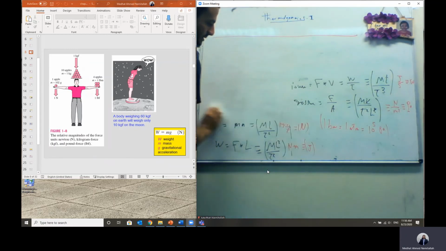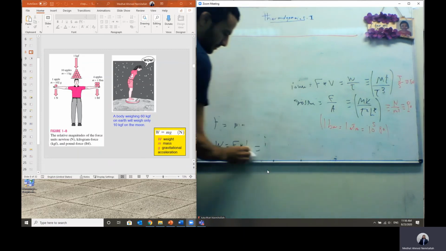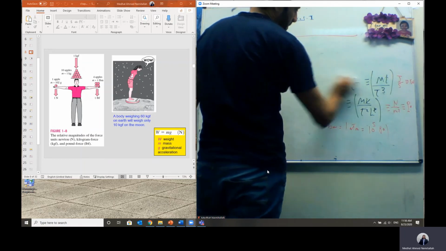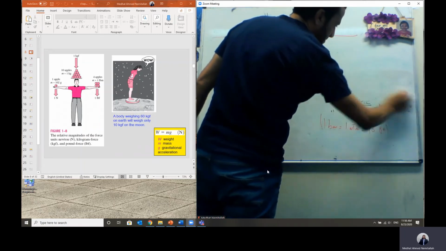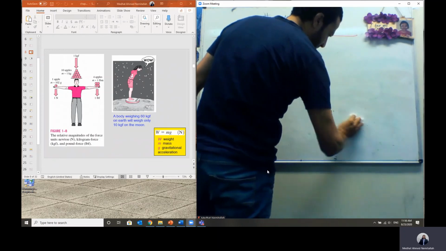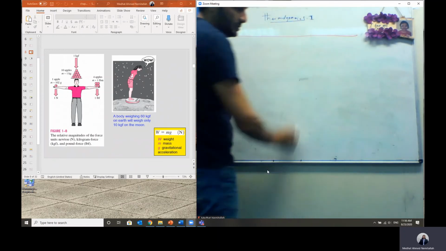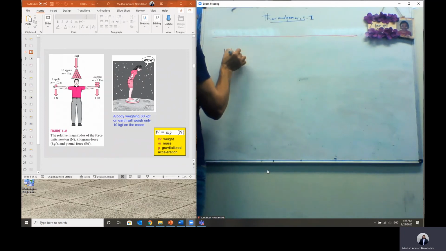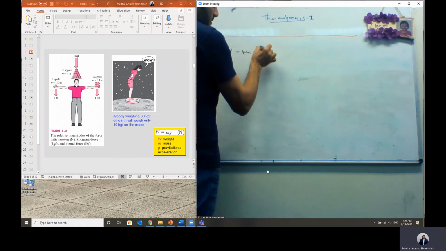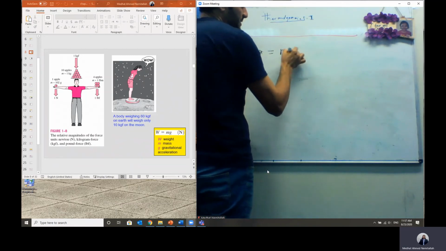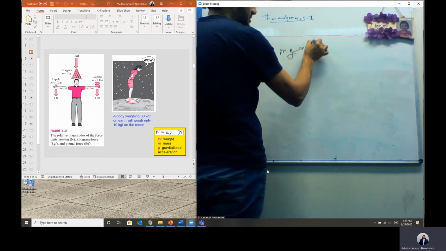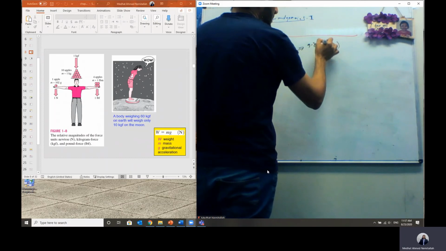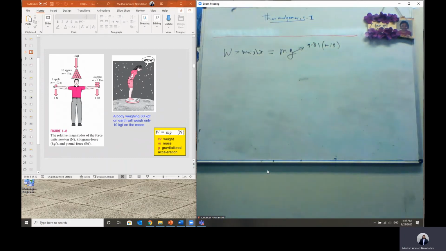It has the symbol W, and it equals mass multiplied by g, which is gravitational acceleration. Gravitational acceleration has a value of 9.81 meter per second square, which you should keep in mind.